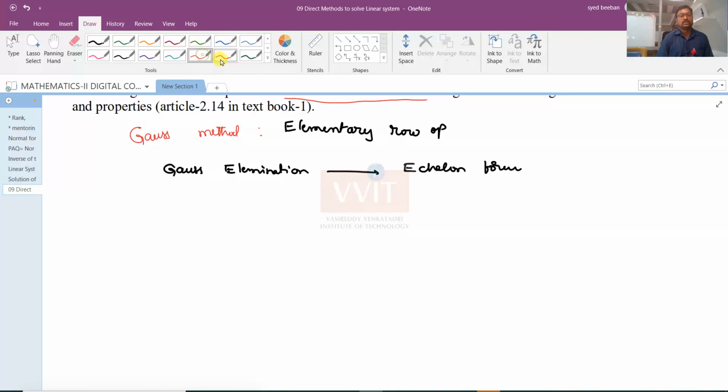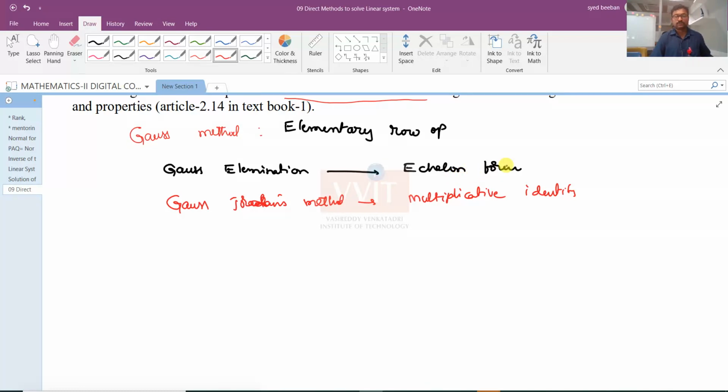If I go with the Gauss-Jordan's method, the output will be the multiplicative identity. That's the major difference in between. So, for one problem, we'll discuss both the things here.